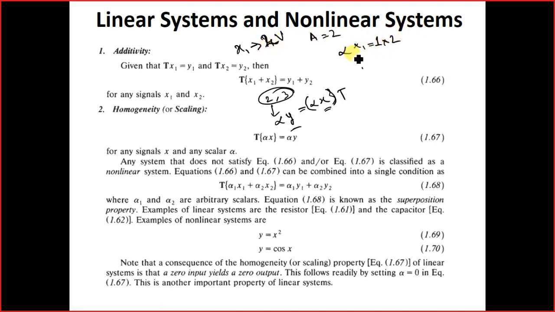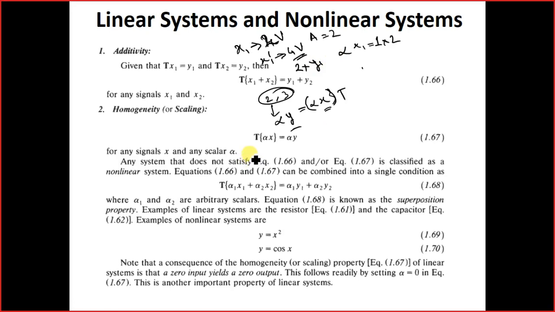Now when we are giving alpha x1, it is 2 volt. So now what will be the output, say we call it x1 dash? The output is 2 multiplied by 2, 4 volt, right? So what is this? This is nothing but 2 multiplied by the previous output, Y1.